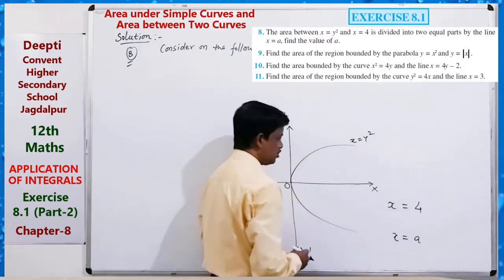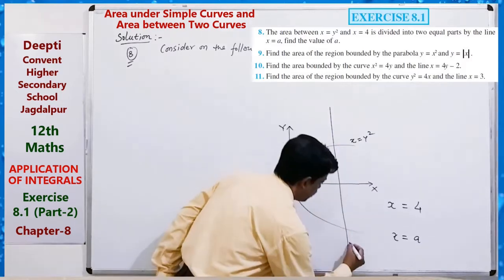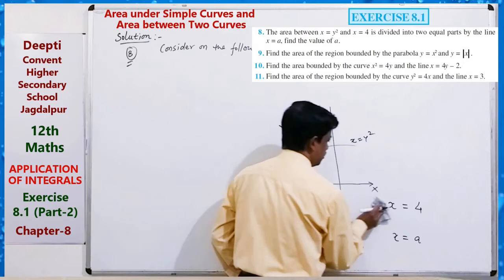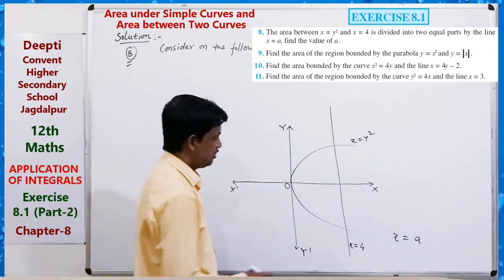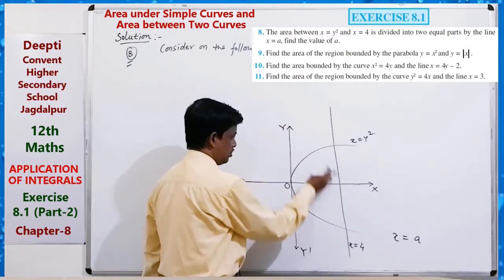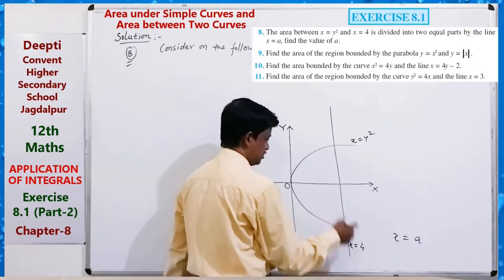And the line x equals 4. Suppose this is the line x equals 4. Now the area between this curve and this line, that is this whole part, is divided into two equal parts by this line.